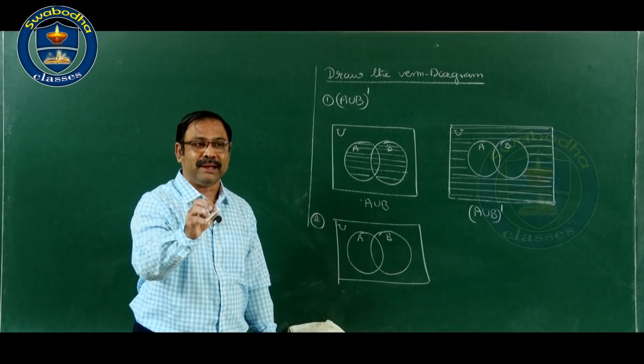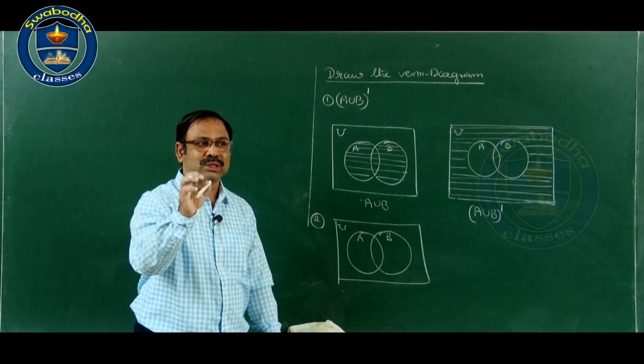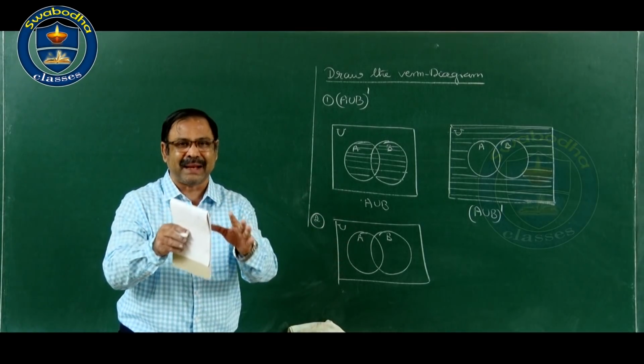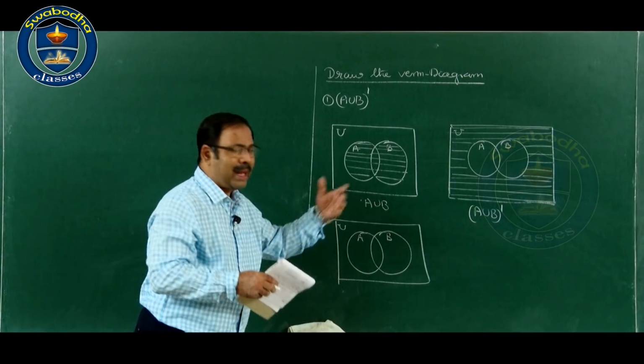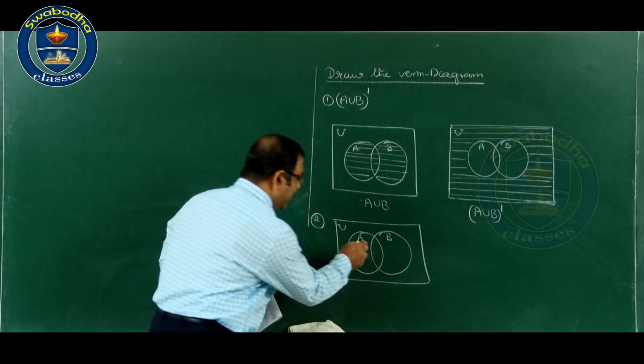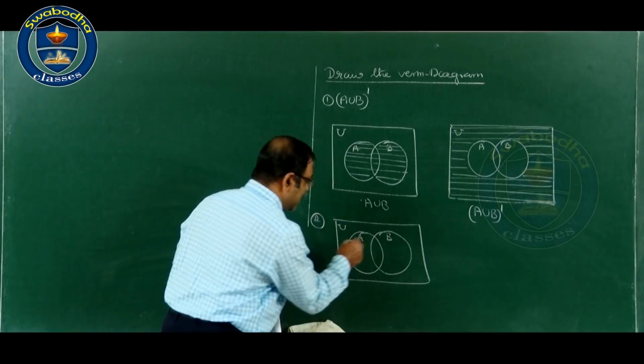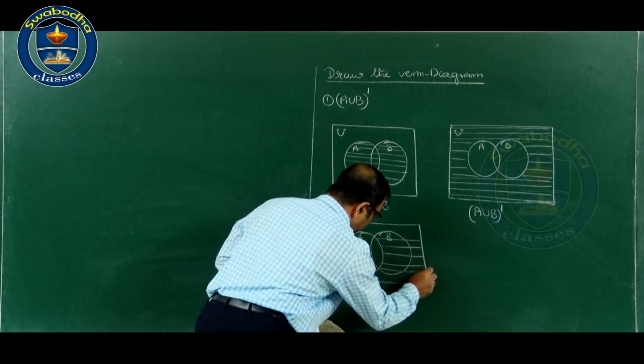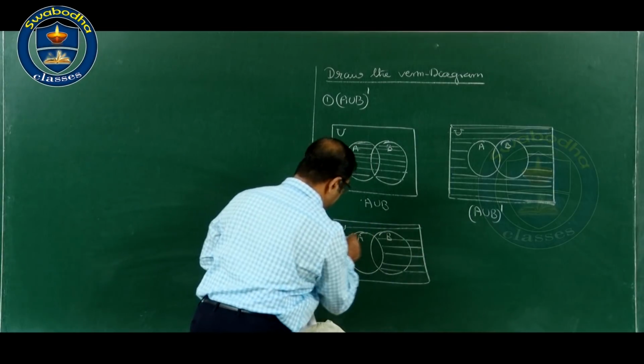What is the definition? All those elements which are not present in A. Not present in A but present in U. See, this is A. Therefore we have to write it is not present in what? A.